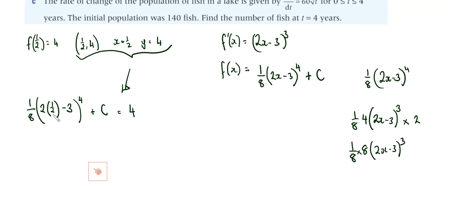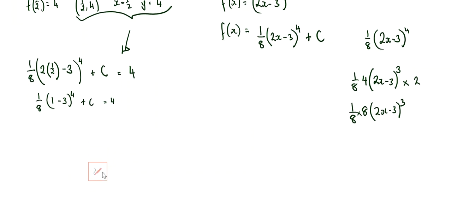So 2 times a half is 1, so I've got (1 minus 3) to the power of 4. Got an eighth of that, plus c is 4, showing all our working. That's negative 2 to the power of 4. What's negative 2 to the power of 4? 16.